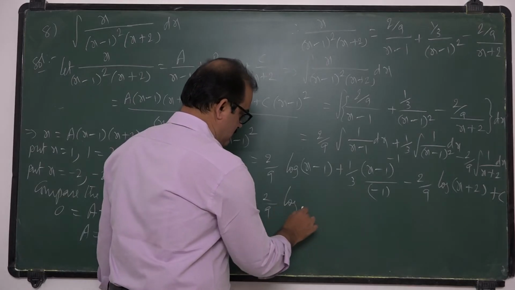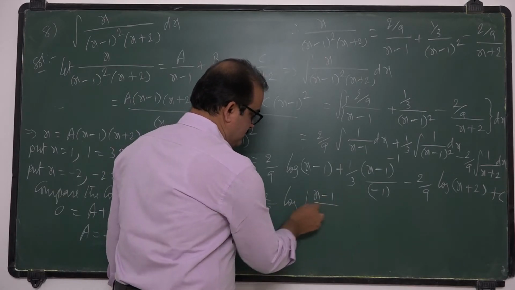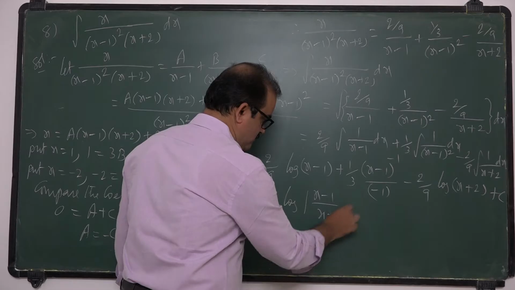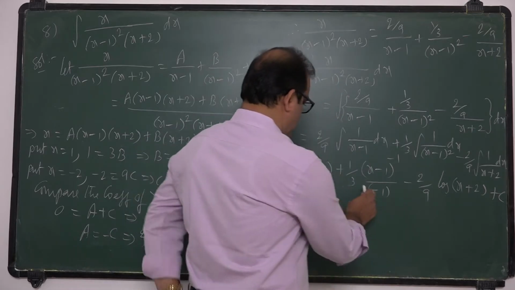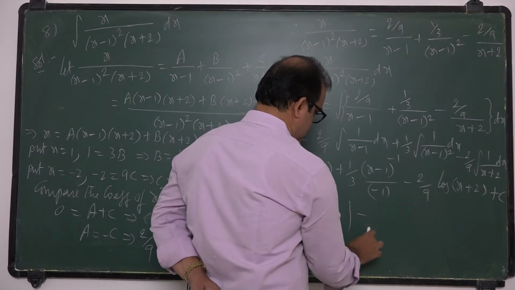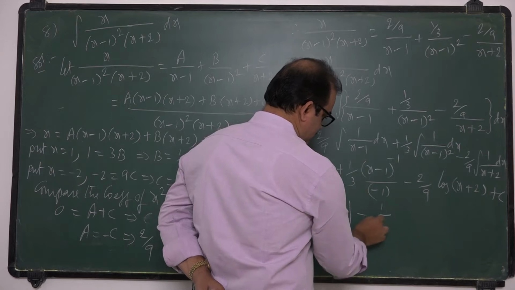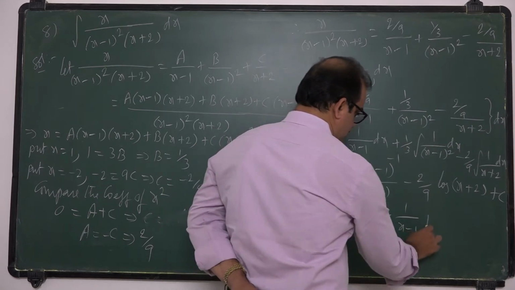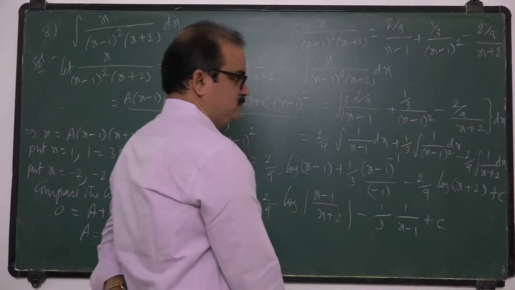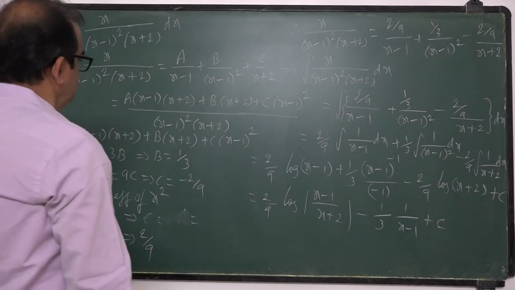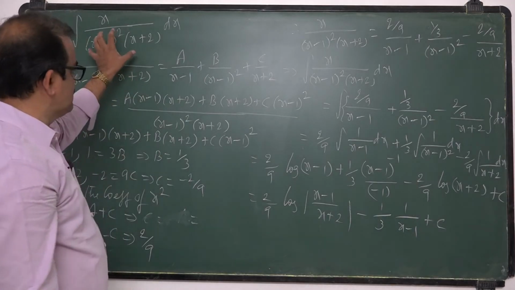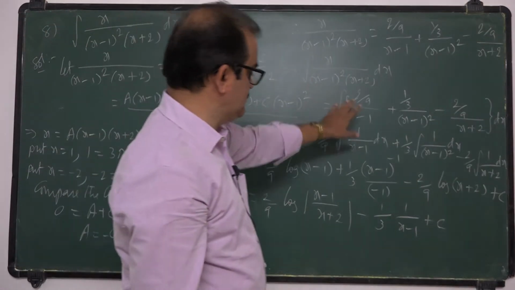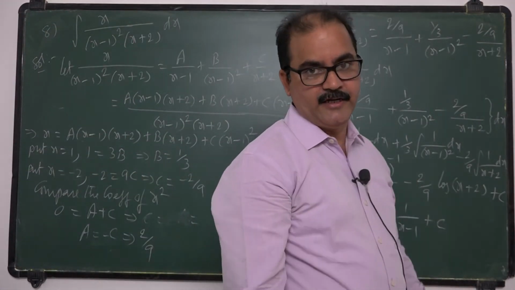So write it as log of mod (x minus 1) by (x plus 2), minus 1 by 3 into 1 by (x minus 1), plus c. In this way, first we resolve into a sum of partial fractions and then integrate.